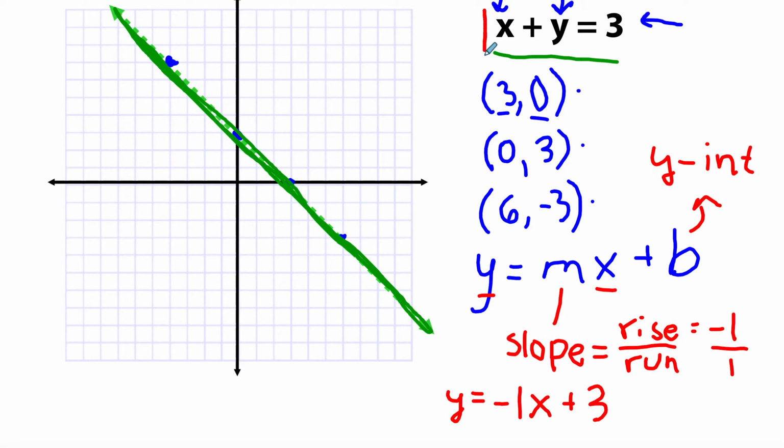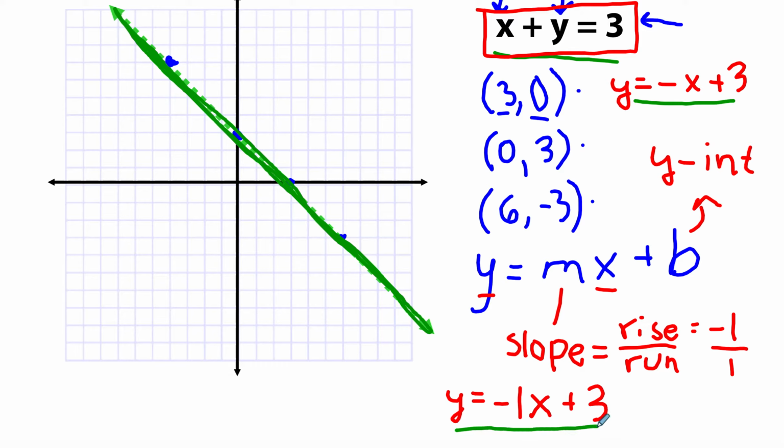Up here, if I just solved this equation for y and got y by itself, what would I get? Well, I would have to subtract x from both sides, and when I do that, I would get y equals negative x plus 3. And that's not an accident that these two equations are the same. That is because they are the exact same. Those are both equations of this line in slope-intercept form.